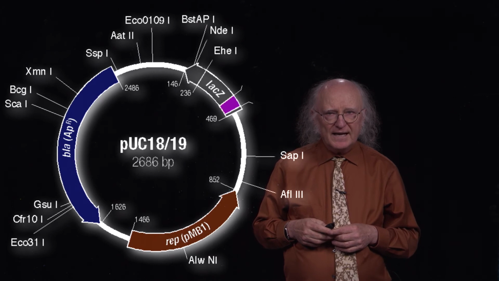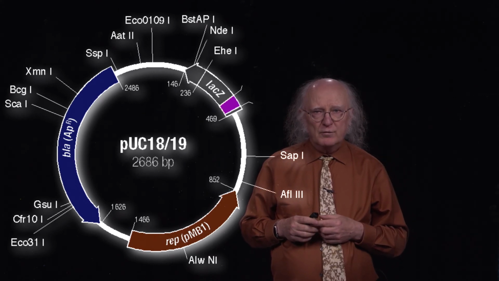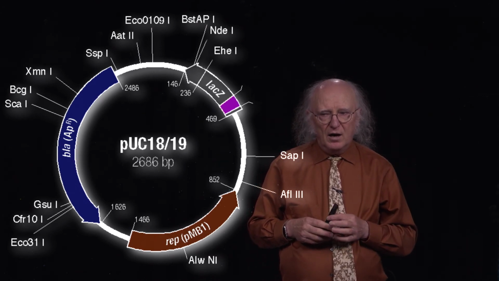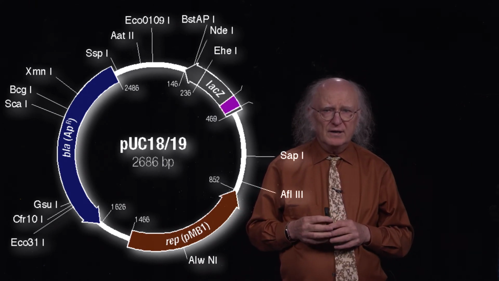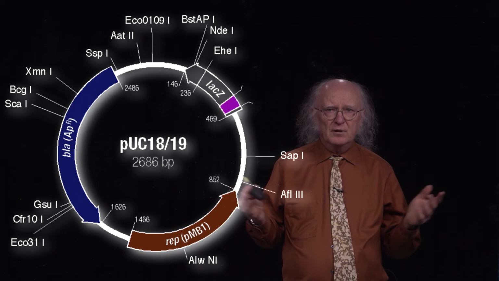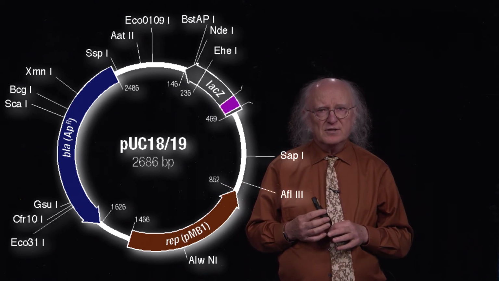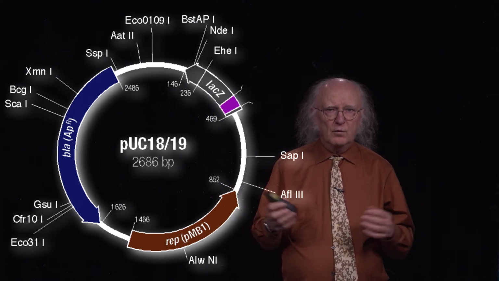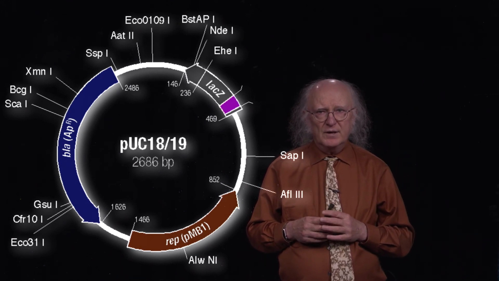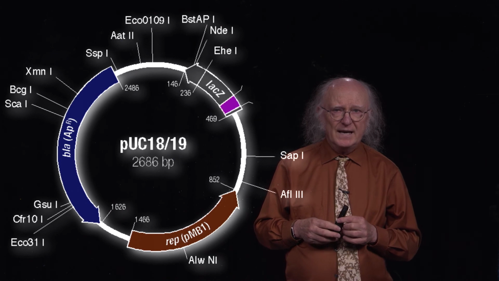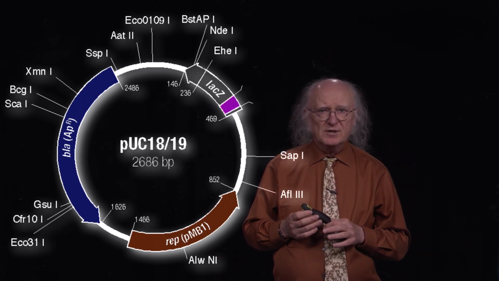There are many different plasmids that are available for researchers. Plasmids are typically relatively small DNAs compared to a chromosome. So an E. coli chromosome, for example, might have 6 million base pairs. It would be unwieldy for us to work with in the laboratory. Plasmids, on the other hand, are much smaller. This one has a sequence of about 2,800 base pairs and is much more manageable.